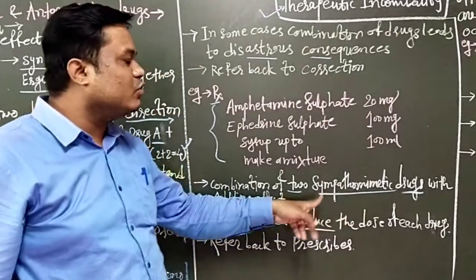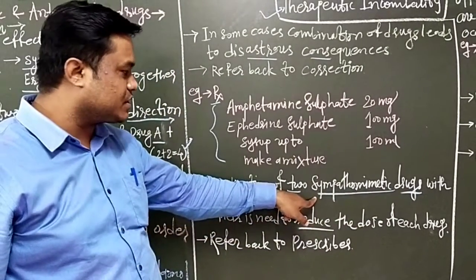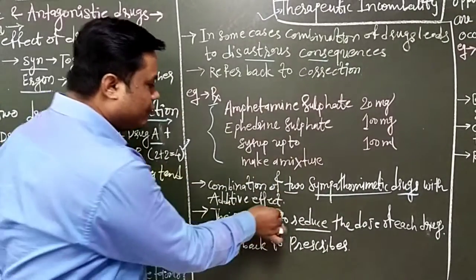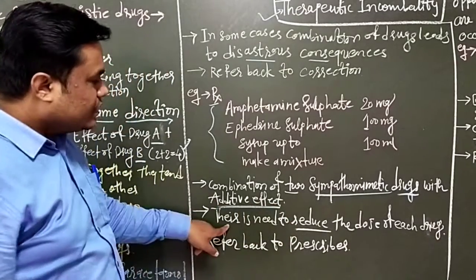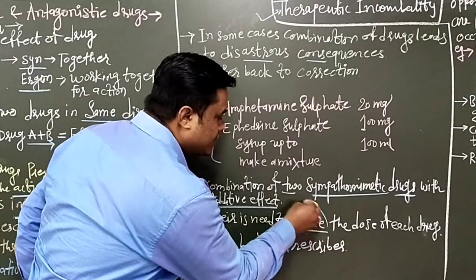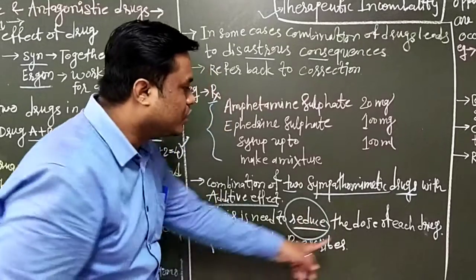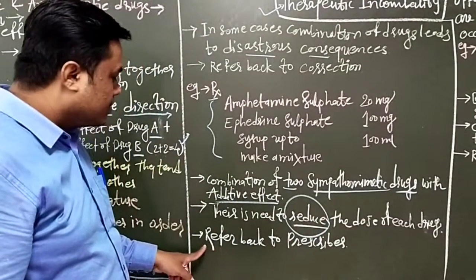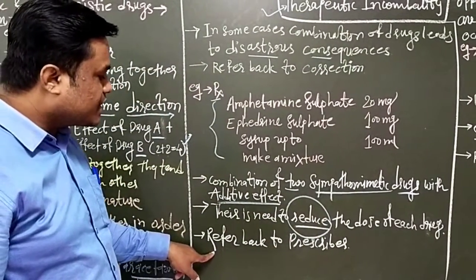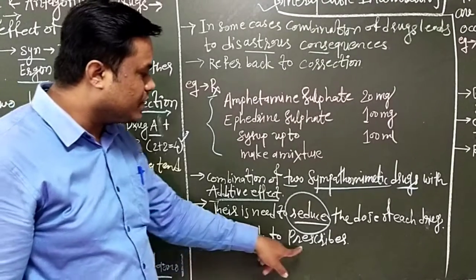Sympathomimetic drugs stimulate the sympathetic nervous system, with an additive effect. Therefore, there is a need to reduce the dose of each drug, so this prescription is referred back to the prescriber.